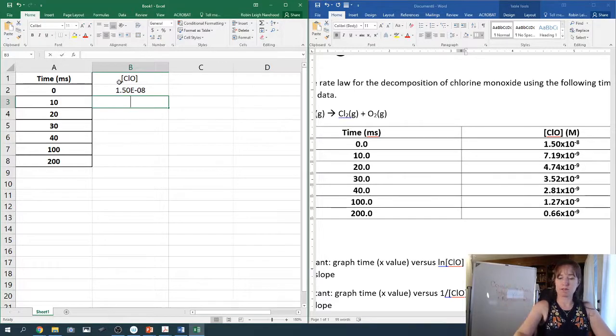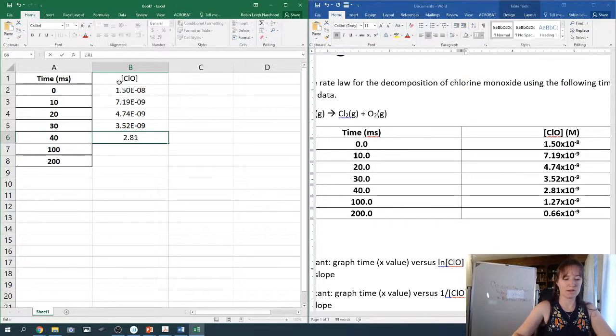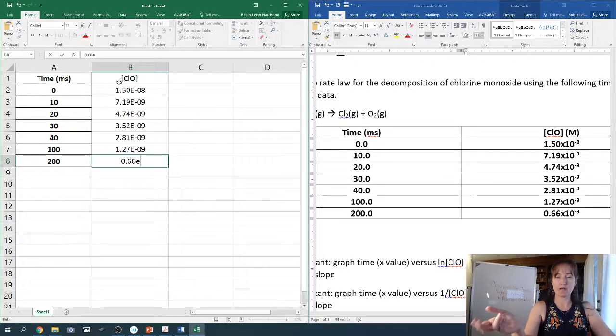So the next one we would type 7.19 E -9, and then 4.74 E -9, 3.52 E -9, 2.81 E -9, 1.27 E -9, and the last one, it's not in proper scientific notation, but I'm just copying it over as it was written.